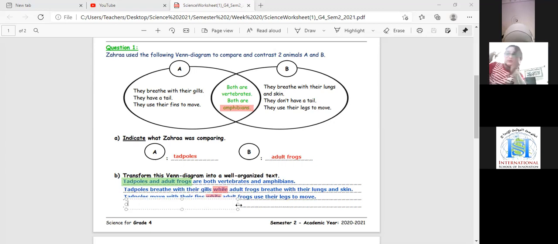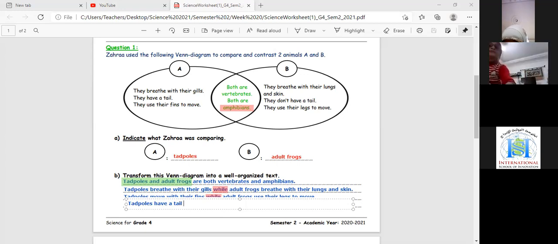Tadpoles have a tail, while adult frogs don't have a tail.